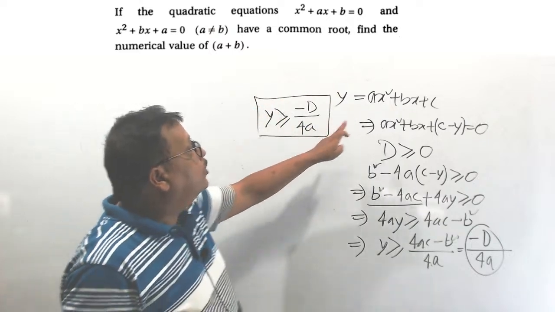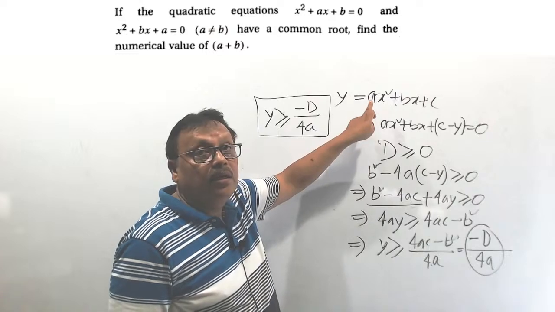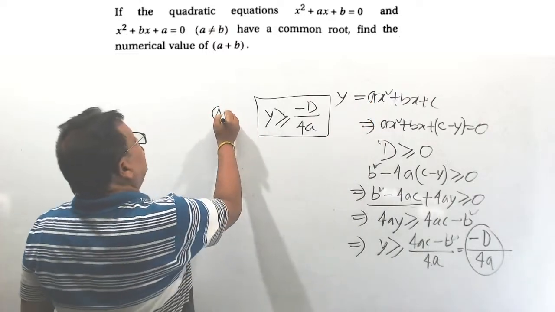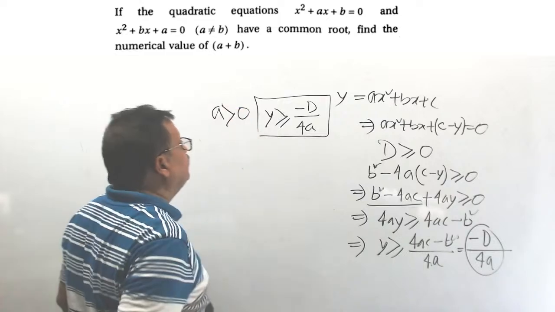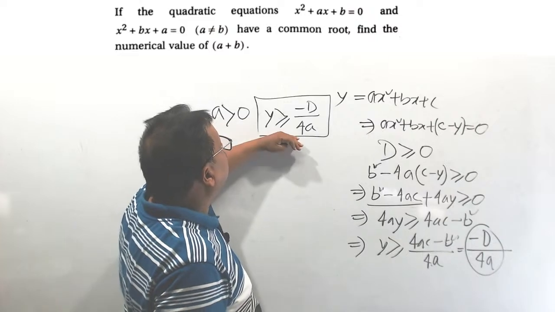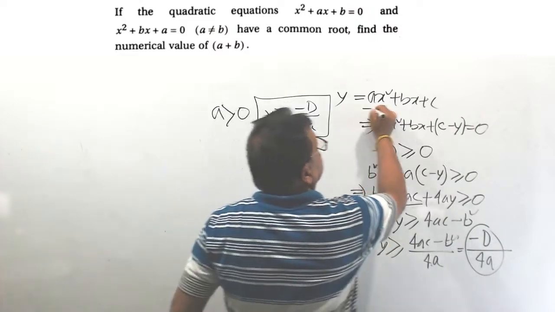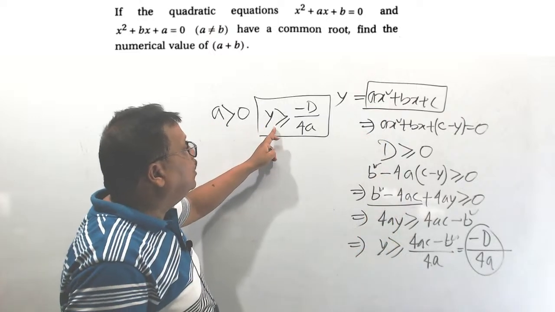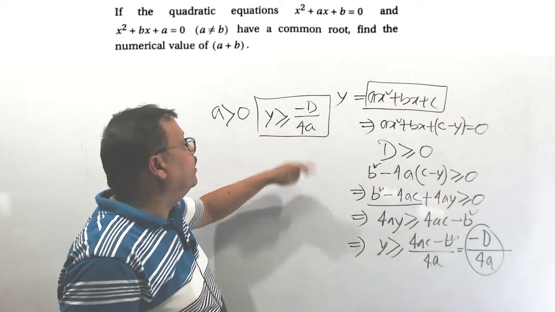And one more thing, for the quadratic expression, we assumed first a greater than 0. For a greater than 0, positive, y means this expression is greater than or equal to minus D by 4a.